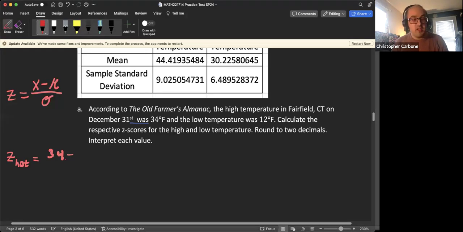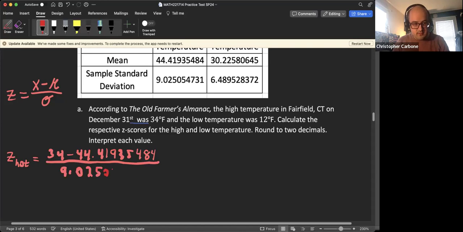So 34 minus the mean for the high temperature of 44.41935484, all divided by 9.02505473.